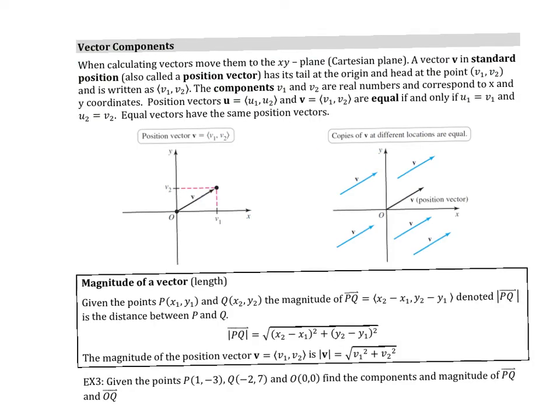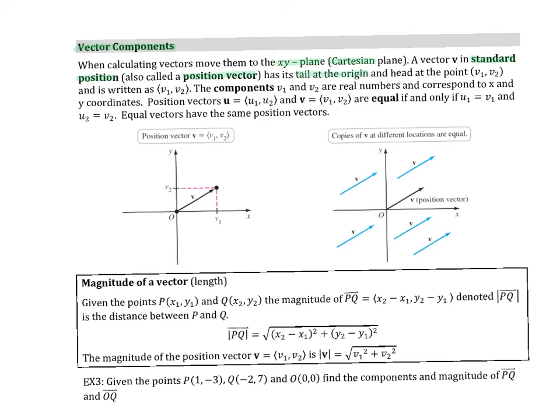Another thing we want to talk about when we talk about vectors is their components or their position. So when we look at vector components, we're going to be putting vectors into a coordinate system. The usual coordinate system would be our XY plane or the Cartesian plane. Now a vector in standard position, which is what we usually use when we're doing application problems, or we can call it a position vector, would be a vector where the tail is at the origin.